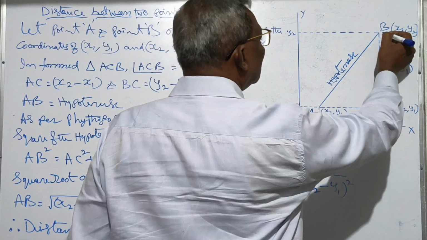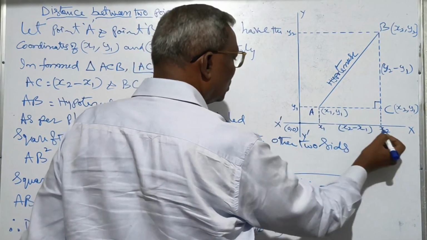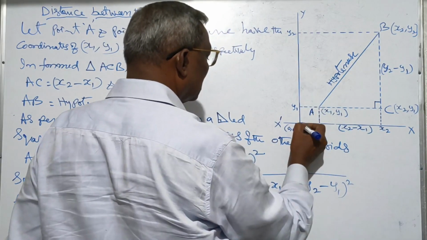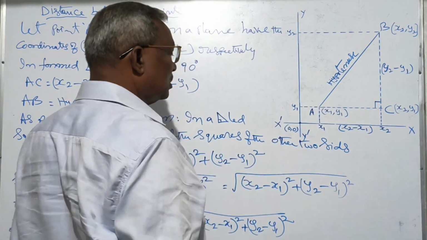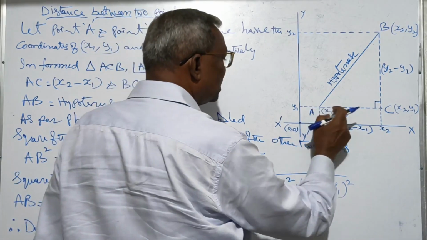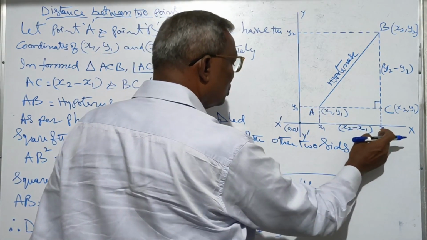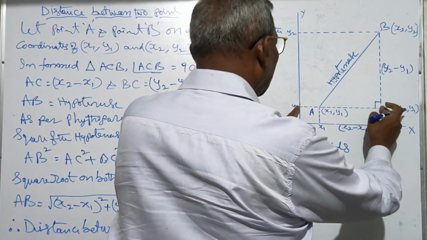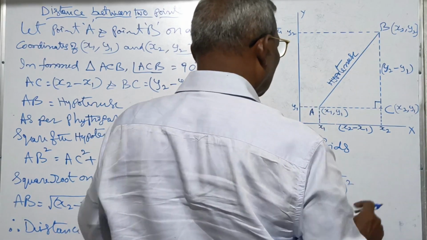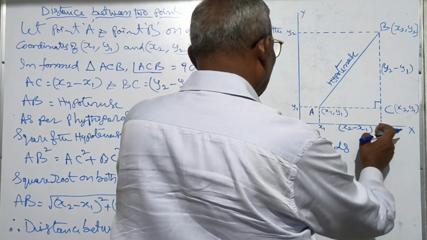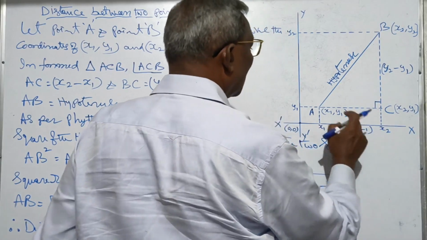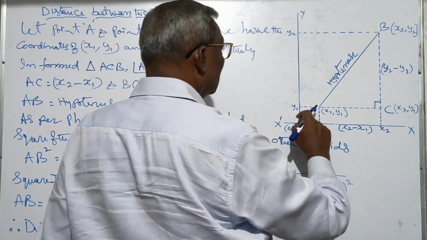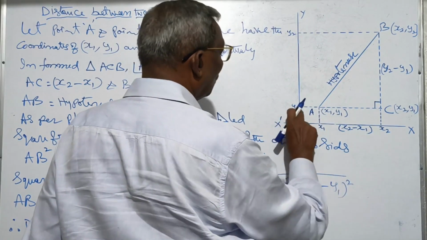So AC is equal to this length minus this length, that is x2 minus x1. Similarly, CB is y2 minus y1.